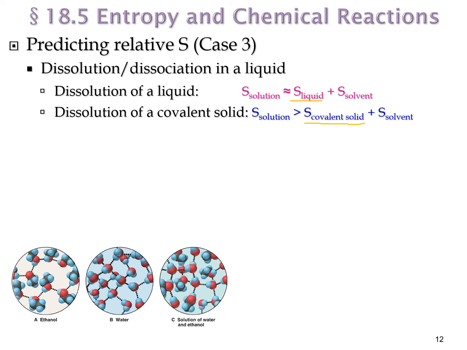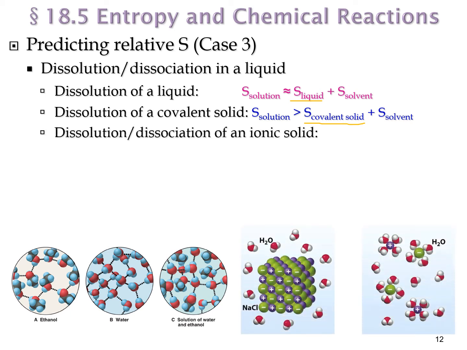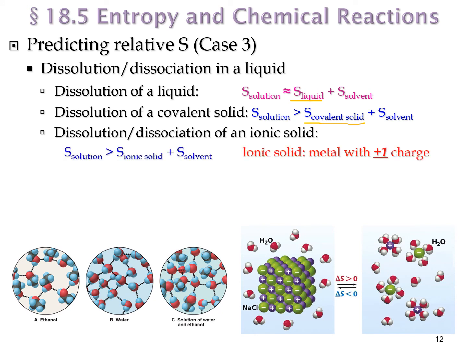And once we understand that dissolving a solid into a liquid can have this entropy increase, that also holds true with ionic compounds. Say if we have sodium chloride, that's true. But I just want you to understand that this statement only works for a metal with a +1 charge. Once the metal has more than a +1 charge, things are going to change. The reason is, with more charge accumulated on the metal, the water surrounding it becomes more arranged.